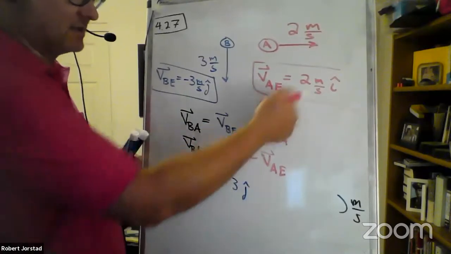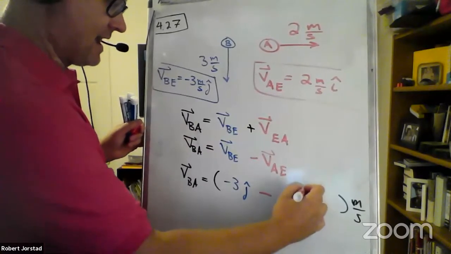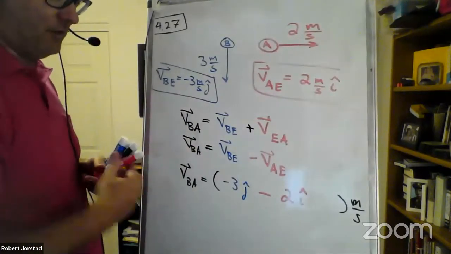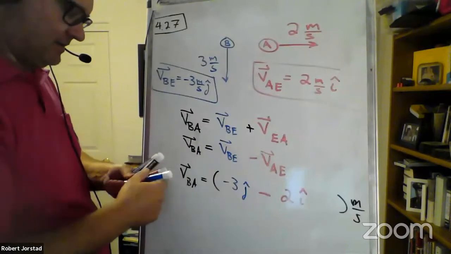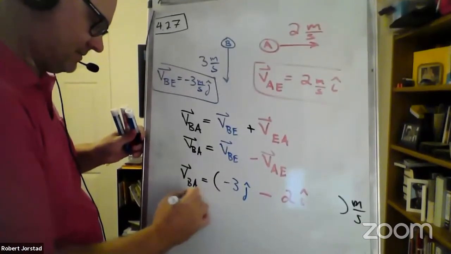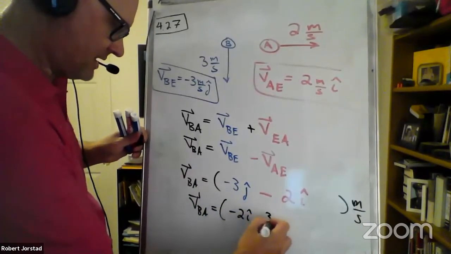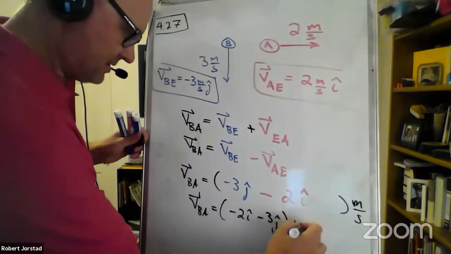This is -2 minus a +2 in the i hat, right? Normally we switch the order of these now. So normally you would say the i hat term first, -2 in the i hat, -3 in the j hat, meters per second.